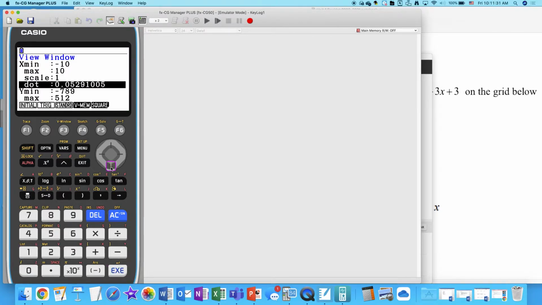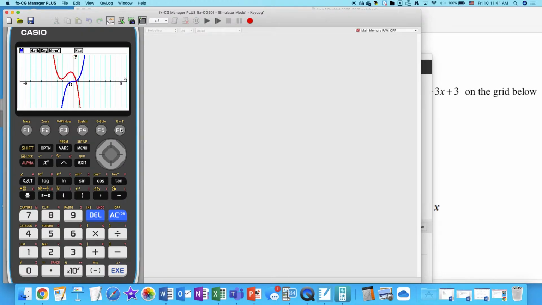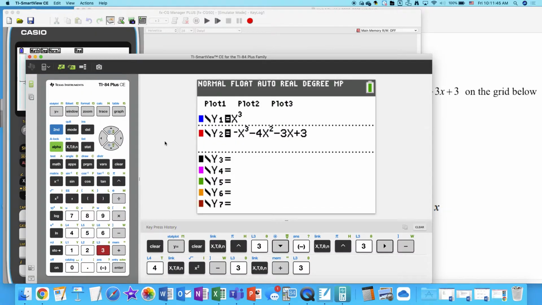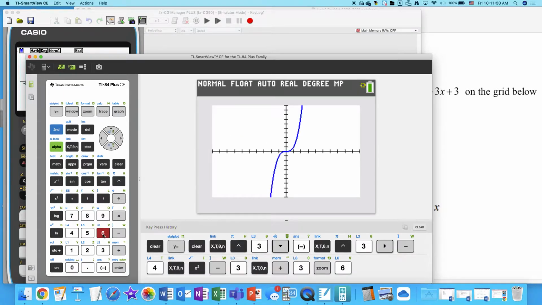And then I'll draw that again. Okay, so there we go. On my TI, I can just go zoom standard. And there's the exact same picture.